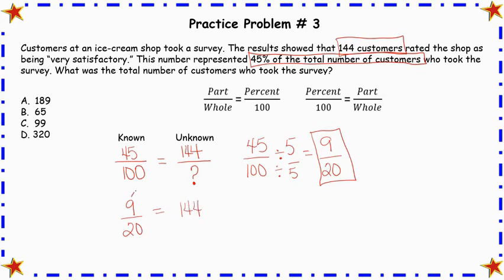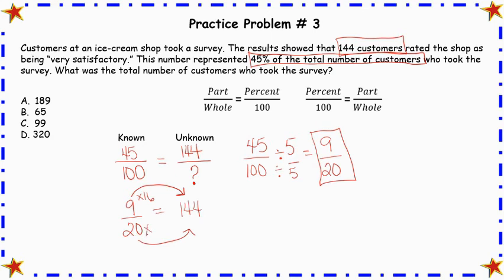Now I can ask myself, what can I multiply by 9 to get to 144? That's correct. The answer is 16. Whatever I do to the top, I also have to do to the bottom to keep my proportions equivalent.